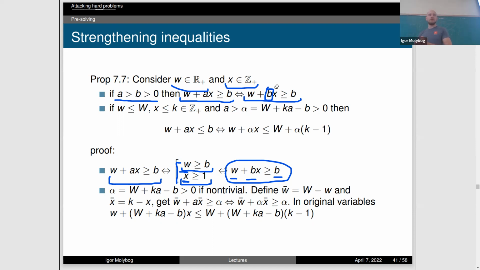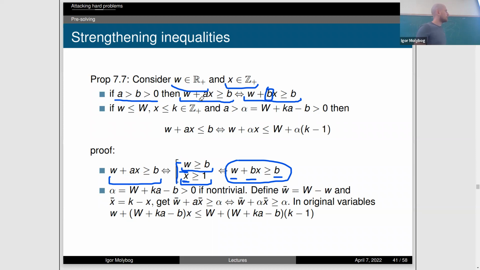Is it obvious what I just said? Let's stop on this for a second and think about it. So that x is greater than or equal to 1, that's what is required. Right.